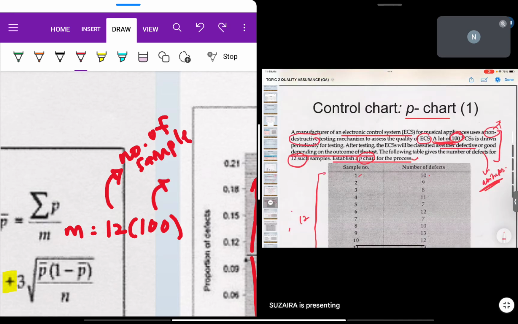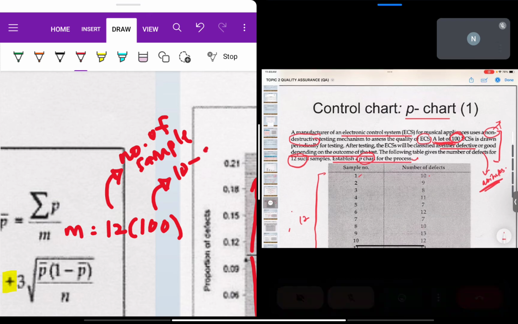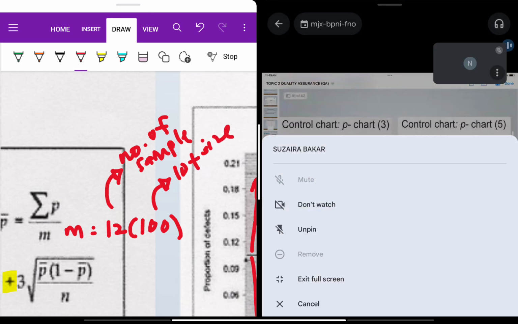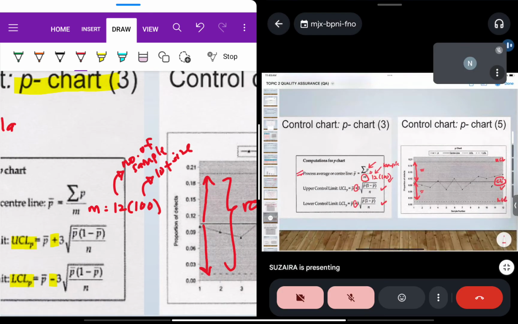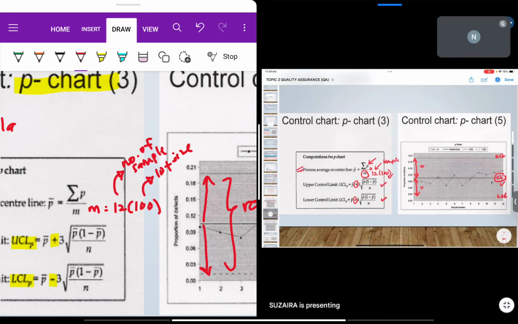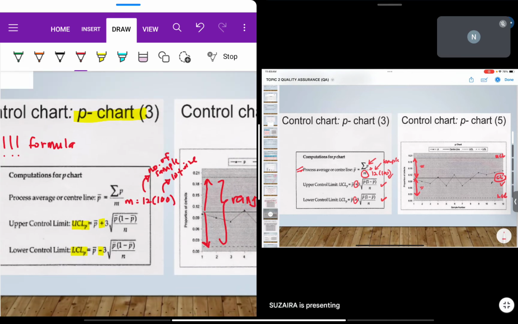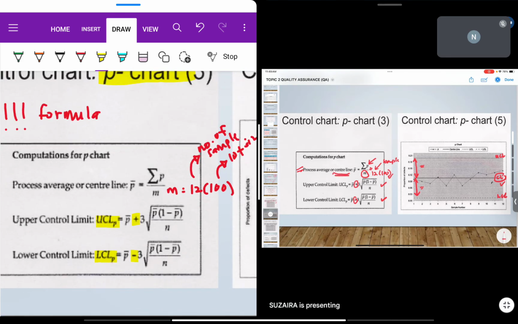It doesn't matter if you have 200, 300, 1000, you just need to remember the equation. So this equation is for the CL, the center line, or we call it the P bar, right? Sometimes we call it the control line, the control limit.